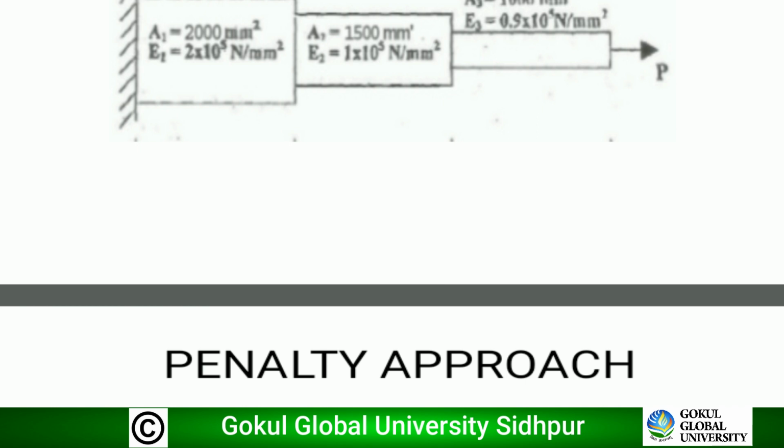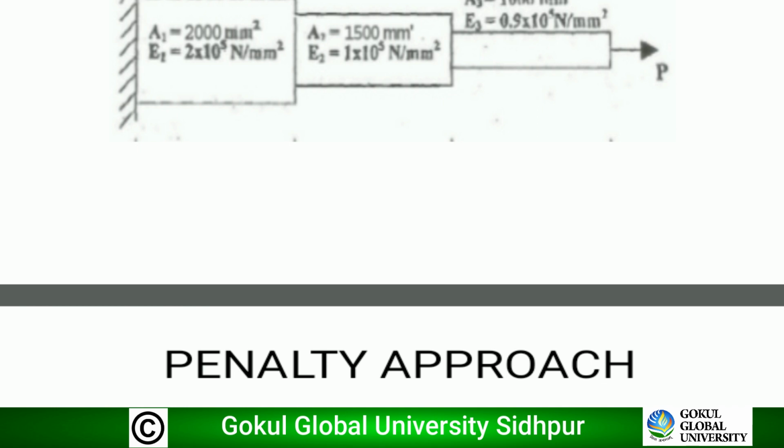The penalty approach is easy compared to the elimination method. Here you can start your example by calculating from the KQ is equal to F equation, which is already described in the elimination approach.